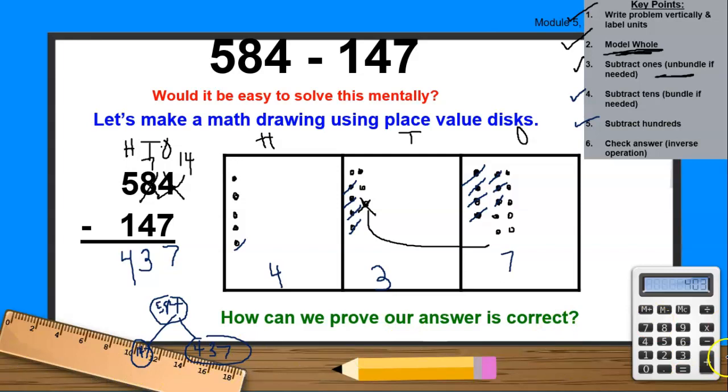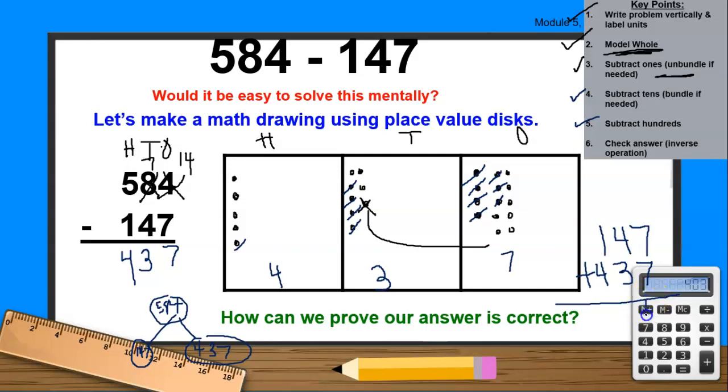So let's see this. I can add 147 plus 437. What should the answer be, boys and girls? Yes, the answer should be 584. Let's see if we get that answer. 7 plus 7 equals 14.